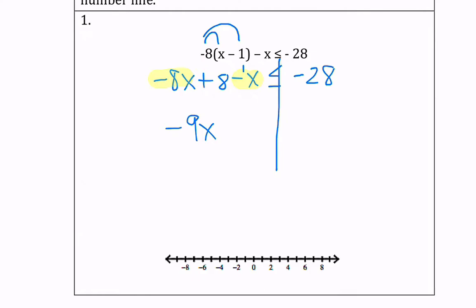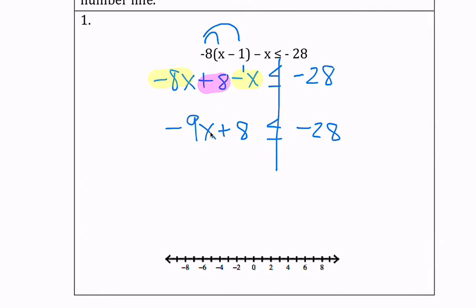And then I look for my constants, my regular numbers. And I see a +8, and that's all I see. So I don't have anything to add to it, so it just drops. Okay, we have done nothing to change our sign, so it drops down exactly the same. And that -28 on the other side drops as well.